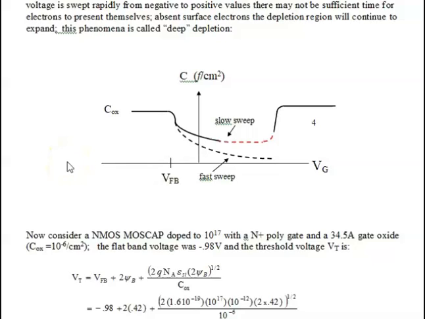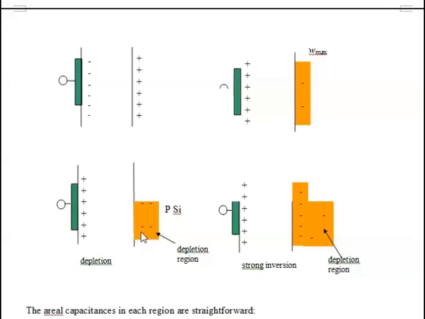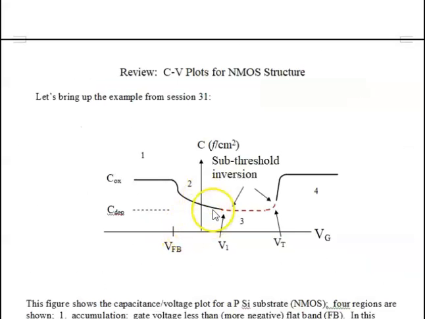Okay, before we go on to the new material, I'd like to go over an example which we introduced in the last session. Basically we're looking at the range from V1 to VT, and we're going to look at that for two different gate oxide thicknesses.